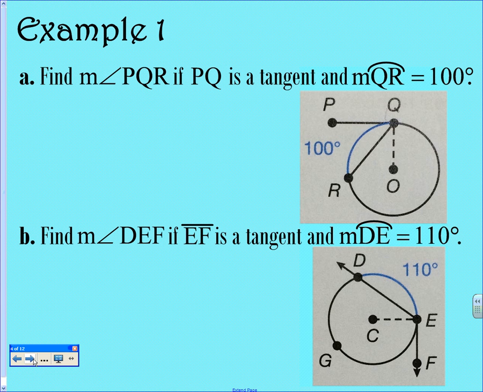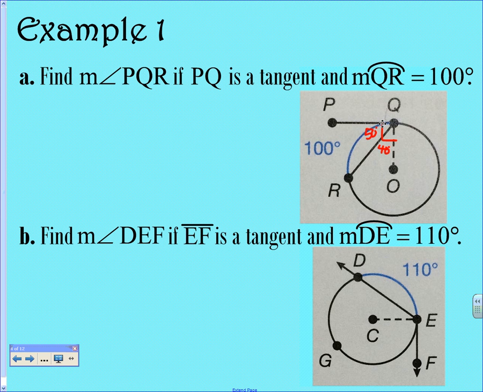Is the angle 50? Why? Because it's half of that 100. Also, since it is tangent, what do we know about this angle here? So if this angle right here is 50, what does that make that? Does that make sense? And then I could draw a radius here.